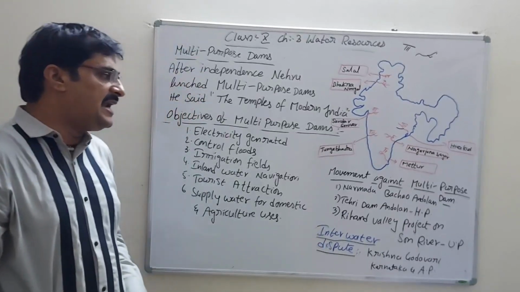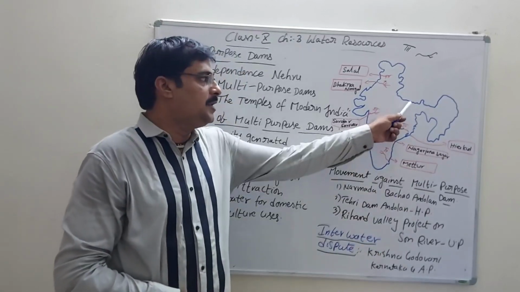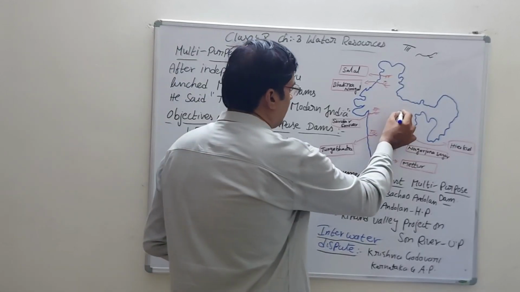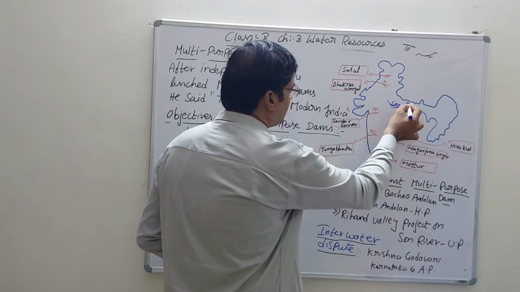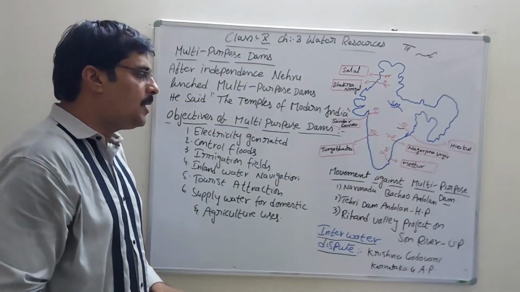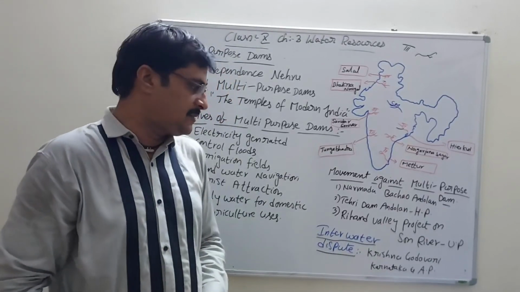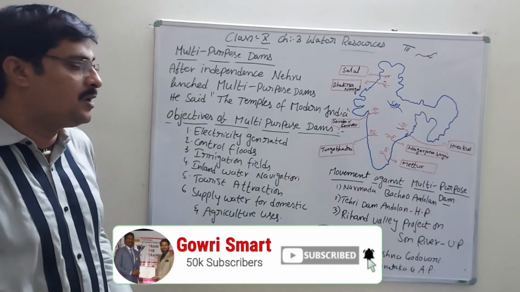And the Rihand Valley project on the Son River in Uttar Pradesh. This is the place of Uttar Pradesh, and this is the river. We have the Son River in Uttar Pradesh. In those places also people are suffering many problems from the construction of dams. So these are all the main important movements going on nowadays.